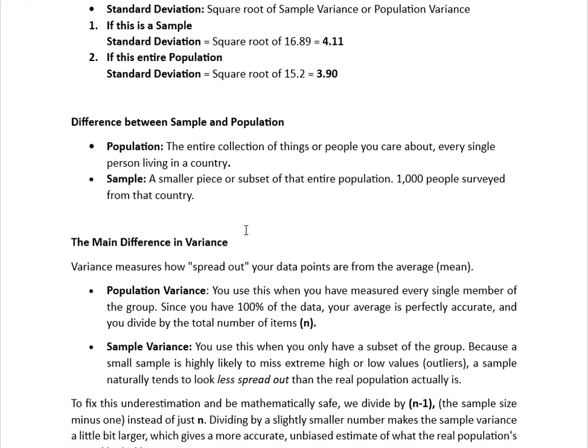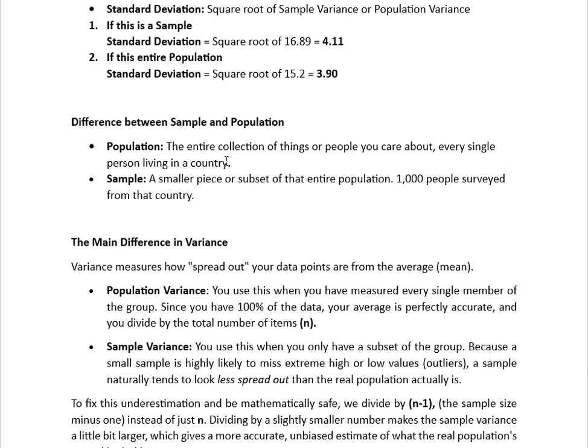Let's understand the difference between a sample and a population. Population is the entire collection of things or people you care about, every single person living in a country, for example. A sample is a smaller piece or subset of that entire population, let's say 100,000 people surveyed from that country. If I am considering the population, then I have to consider the entire population.